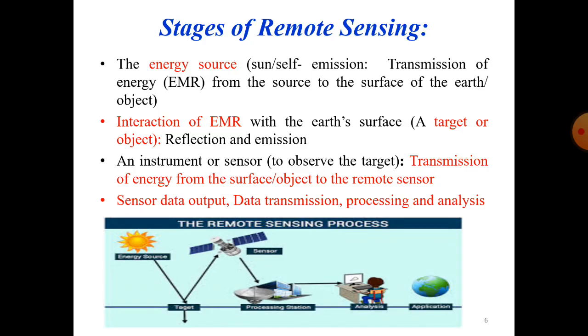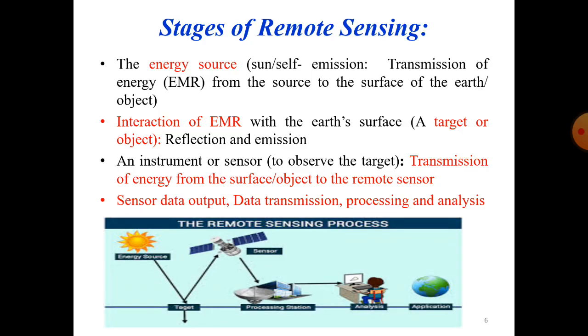These back-reflected radiations are sensed by an instrument, a camera or sensor. In the picture you can see the sun is radiating the energy, which is the source, which strikes the object, and some energy gets reflected back, which is collected by the sensor or the camera fitted in the satellite here.